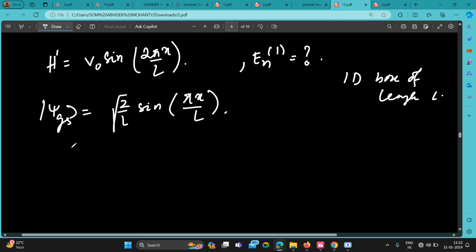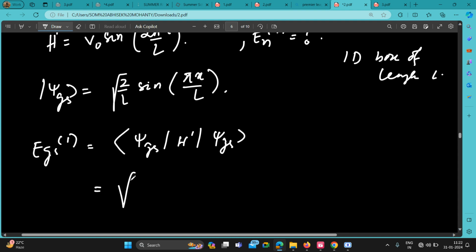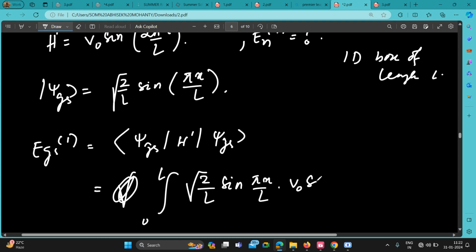So your E_GS will be psi GS H dash psi GS. So root over, integration, what is the length? 0 to L. Root over 2 by L sine pi x by L into V naught sine 2 pi x by L into root over 2 by L sine pi x by L dx.